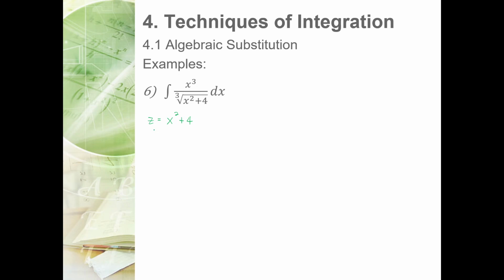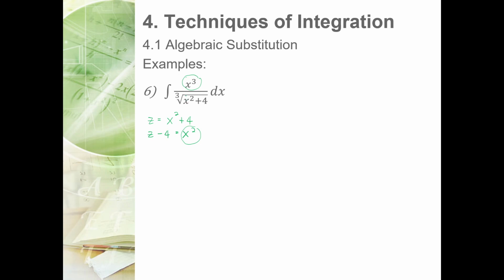And then next, if you try to isolate your x parameter, z minus 4 is equal to x squared. Notice in the numerator we have an x parameter. We will have difficulty because the numerator is x cubed and what we have here is only x squared.